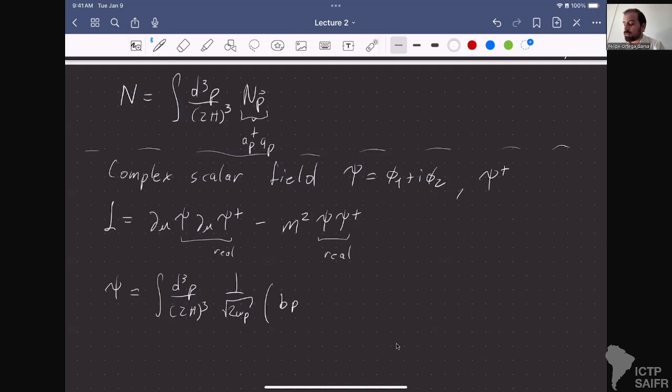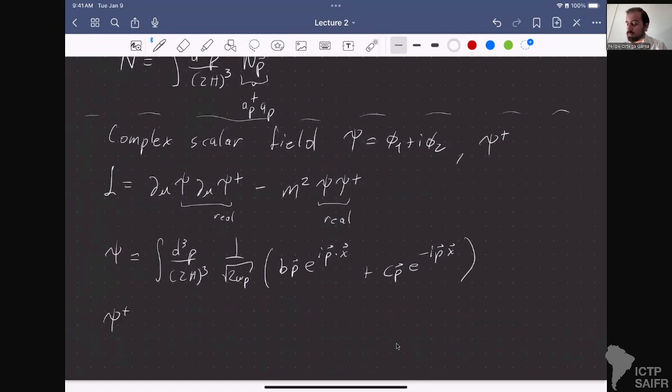So now we have a different operator here, where B and C do not have to depend on each other anymore. They're not related by complex conjugation.